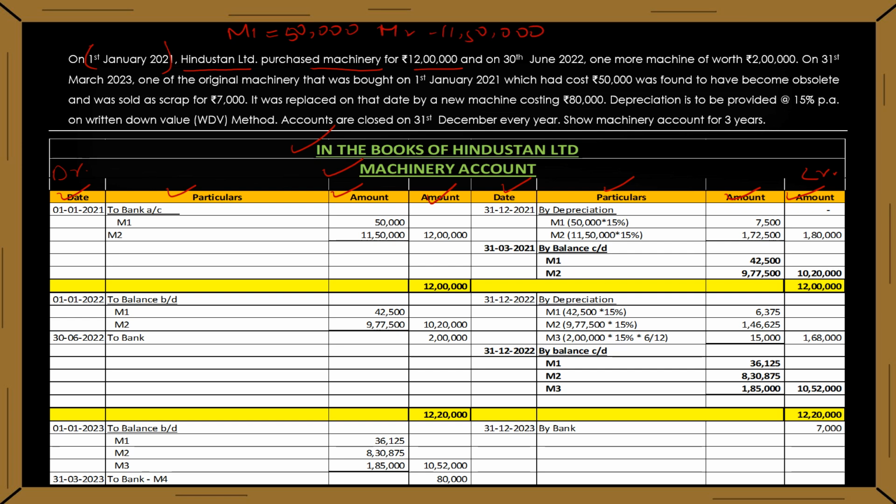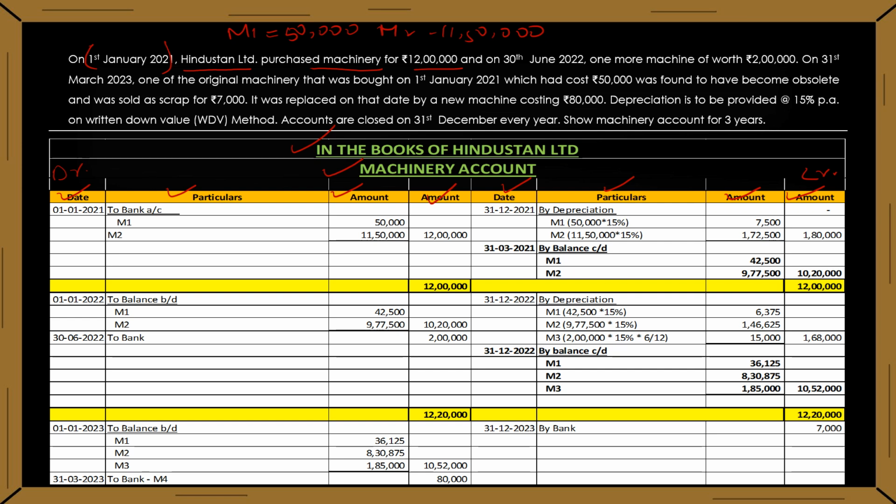I would suggest you name the machineries as M1, M2 and so on as and when you purchase a machinery, because it will be very easy to find out the depreciation first, and also when you buy multiple machineries and are going to sell some of them in between, it will be very easy for you to find out the profit or loss on the sale of the machinery, which is very crucial for solving the depreciation problem. So name the machinery as M1, M2 in the first place, as we did in the tabular column in the previous slide which we saw.